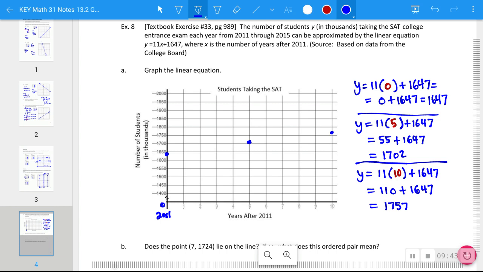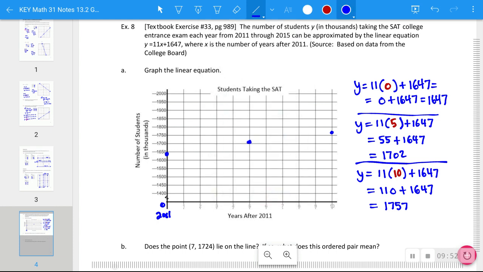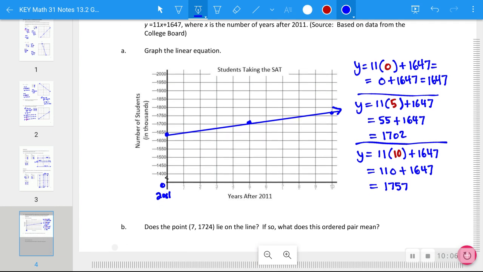So we've got some approximate places there. And we're going to go ahead and connect those to get our linear equation graphed. And since this ostensibly will continue to grow, we'll put an arrowhead on that. Okay, now I think we've got some questions to answer down below here.